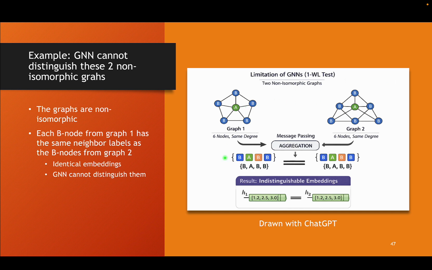For example, each B node from graph 1 has exactly the same neighbor labels as each B node from the second graph. So the result is that if you start with these nodes arranged in different ways, the initial features are going to be exactly the same, the neighborhoods are going to be exactly the same. So in other words, these two GNNs are going to give you indistinguishable embeddings. And so GNNs will not be able to clarify that they are in fact non-isomorphic.